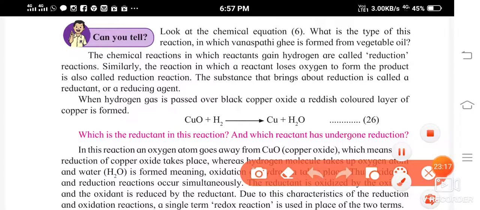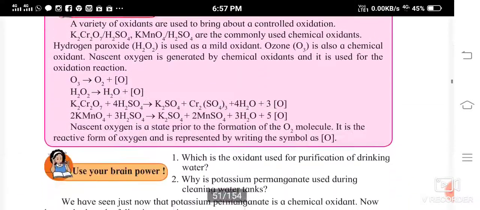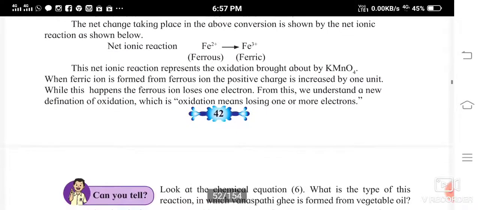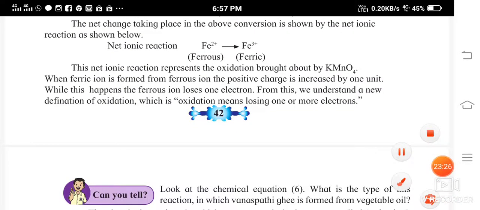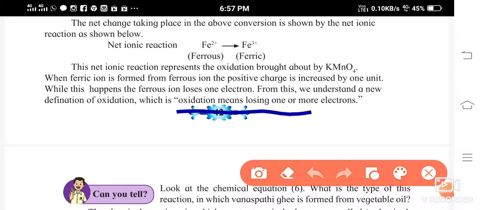And one more thing. See, oxidation means losing one or more electrons, isn't it?